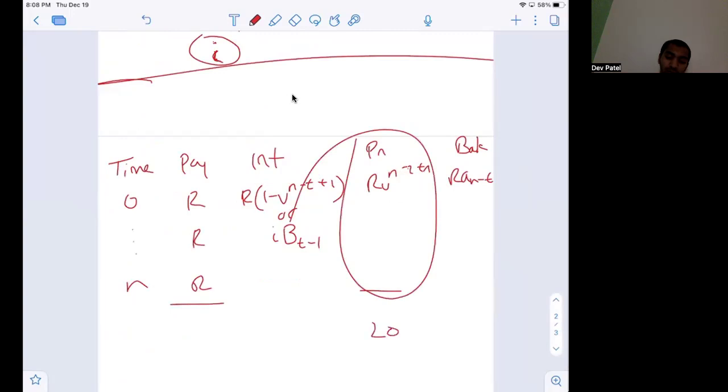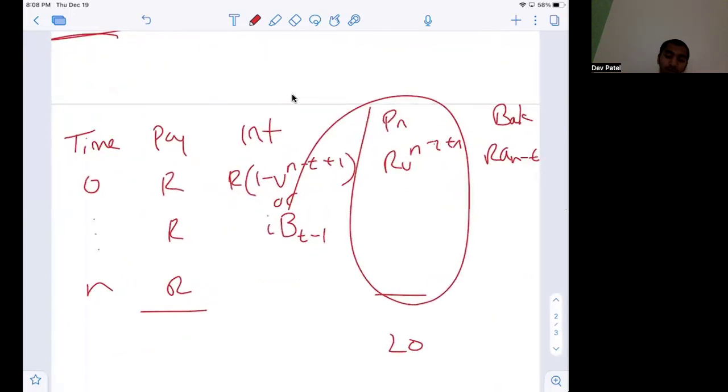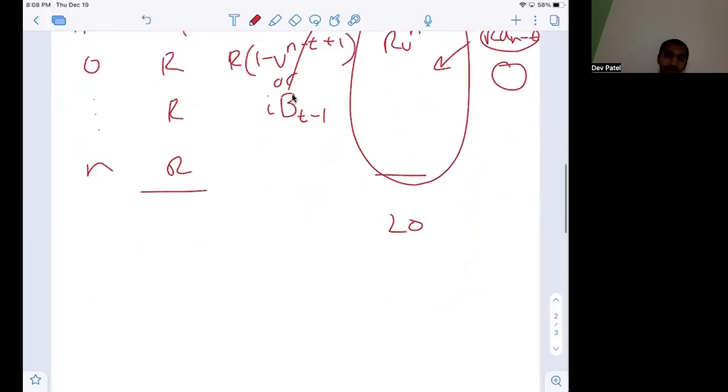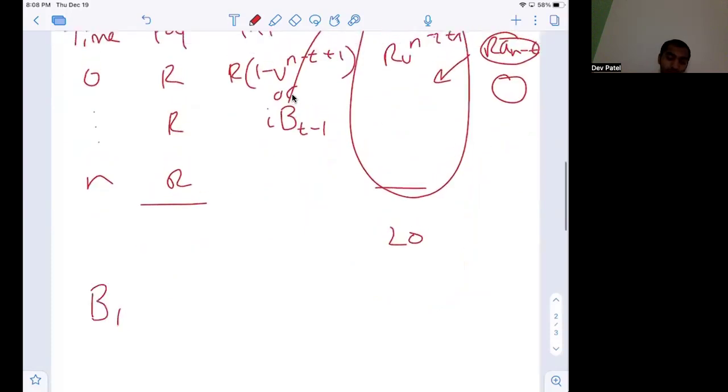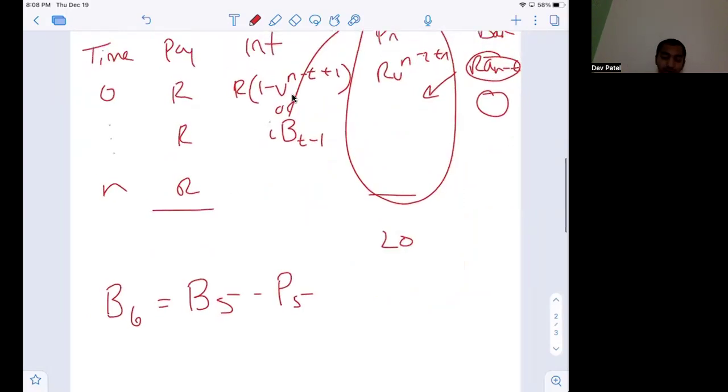How do we get from one book value to another book value? By simply subtracting the principal repaid at that next time step. For example, the book value at 6 is going to equal the book value at 5 minus the principal repaid at 5.